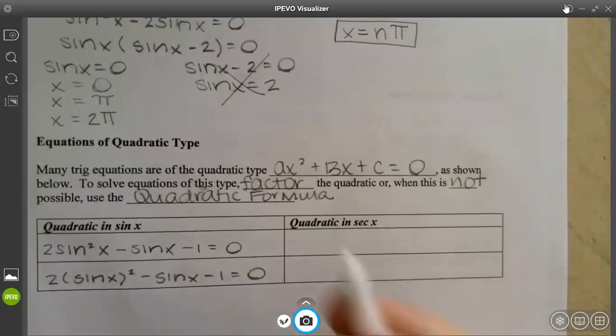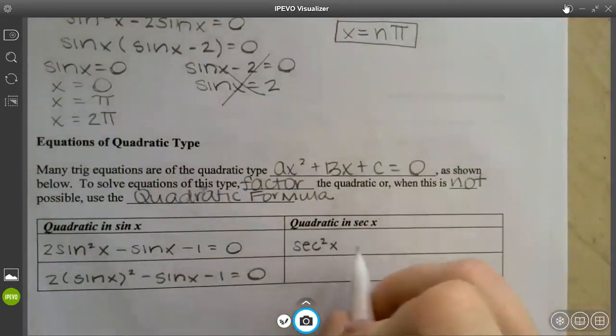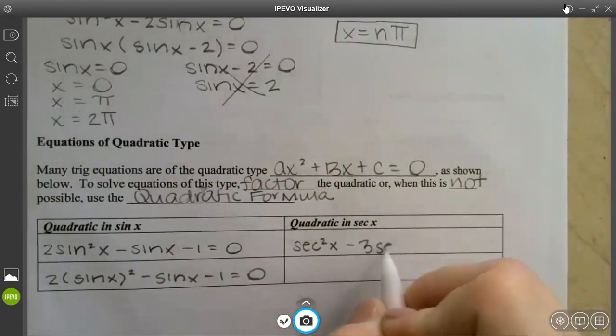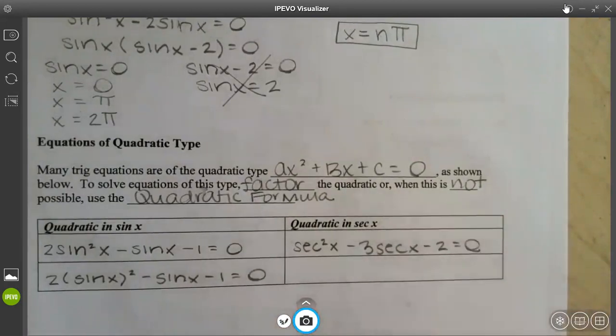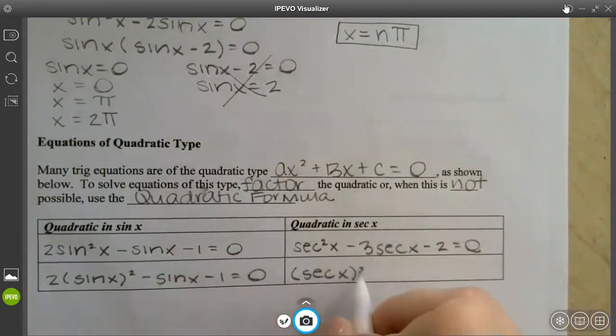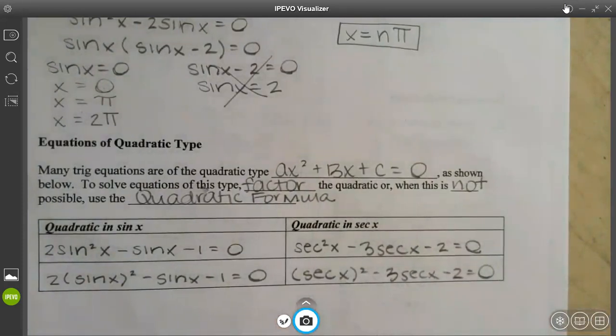Quadratic in secant: secant squared x minus 3 secant x minus 2 equals 0. And remember that secant squared x is secant x squared. So those are just some quadratic forms.